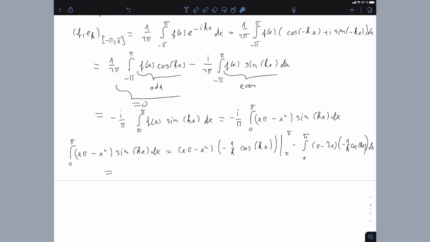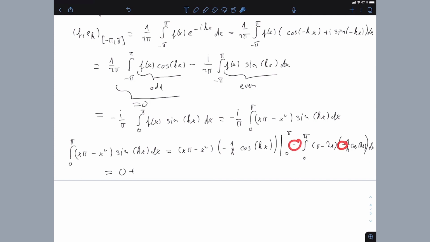But what happens if I insert 0 or pi? If I put 0 here, I get 0. If I put pi here, I get pi squared minus pi squared, which is also 0. So this entire first part is just 0. And we can continue with this.